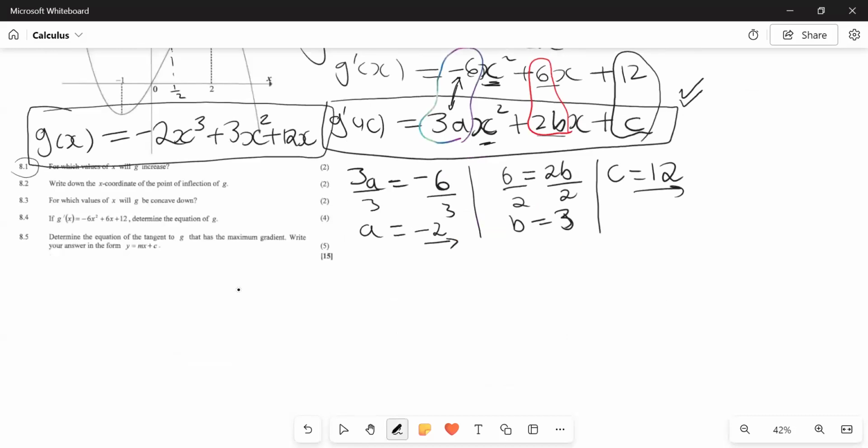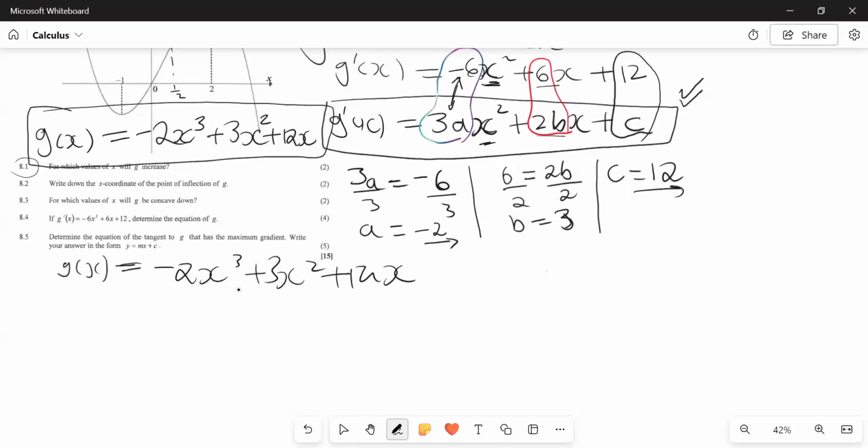So let's take our equation. We have g of x equals -2x cubed plus 3x squared plus 12x, right? Now we need to derive and then substitute the x value.